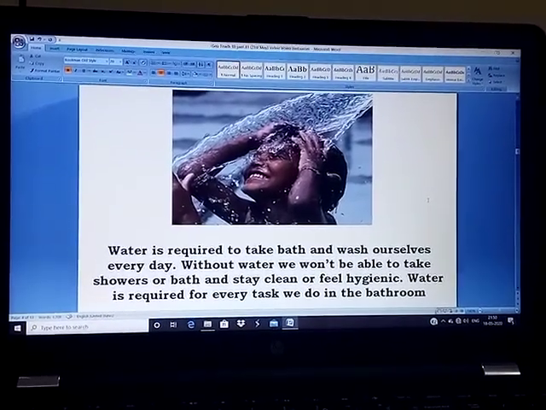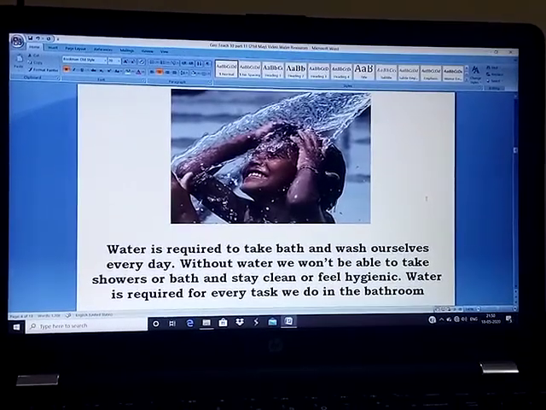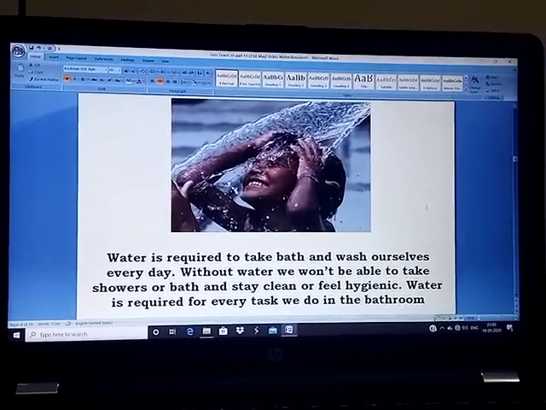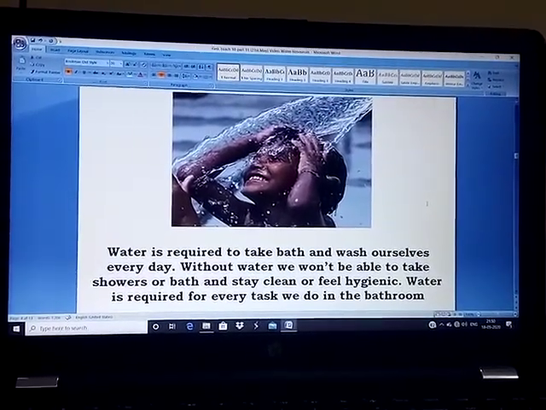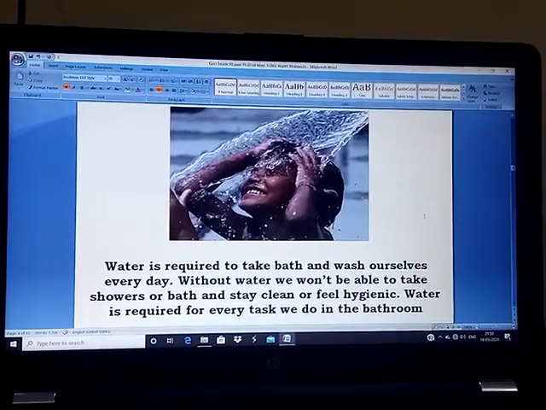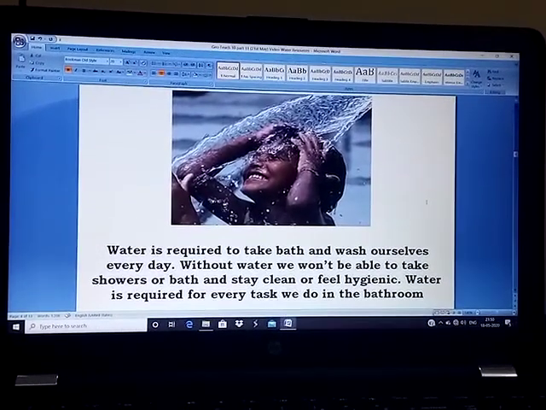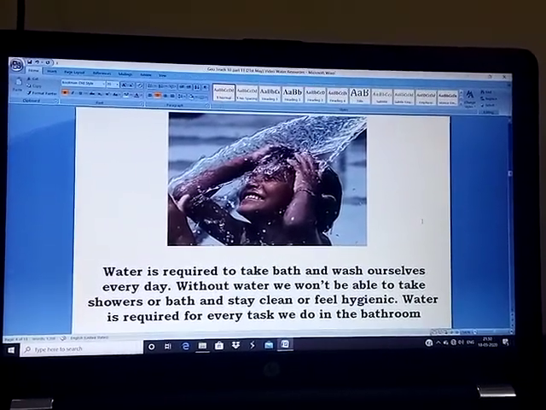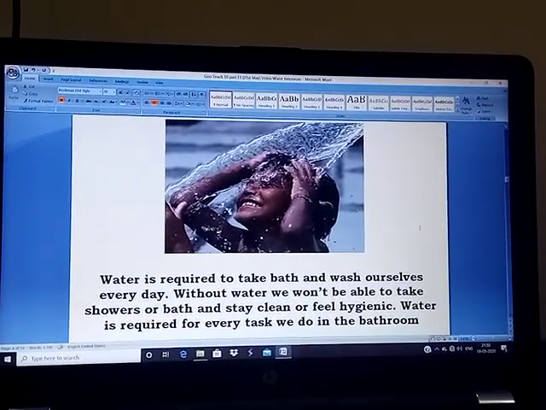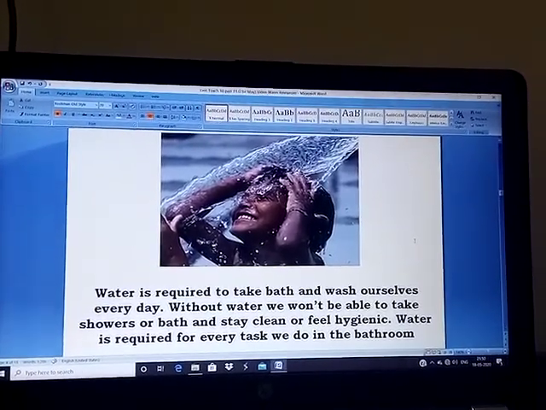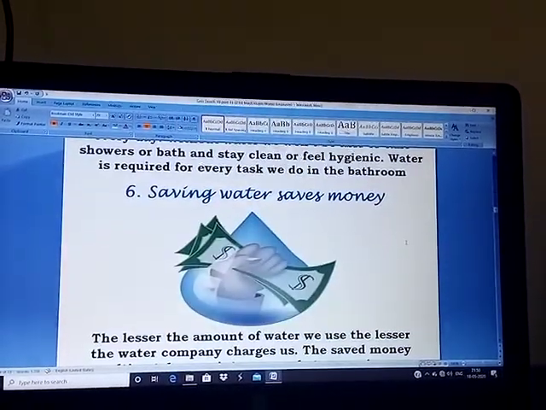Without water, and especially now when you're in the lockdown situation, how many times you are coming and washing your hands, perhaps taking bath if you go out when you come back. So we are using excessive amount of water, sometimes for our need, sometimes even purposelessly whatsoever. Without this water, we won't be able to take showers or bath or stay clean or feel hygienic. Water is required for every task we need to do in the bathroom.